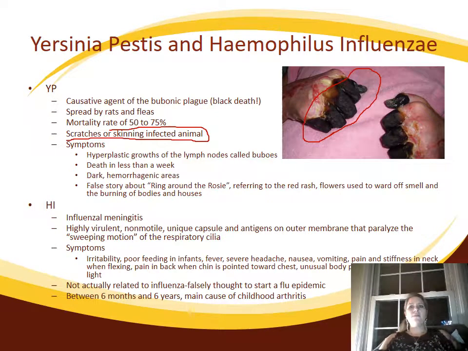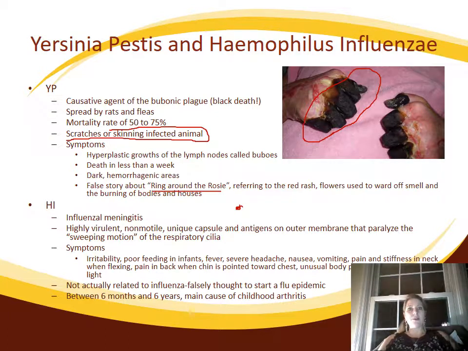And there is this false story that Ring Around the Rosie is referring to Black Death. You know, Ring Around the Rosie, which is some of the red rashy areas that come with the particular disease. Pocket full of posies because they used flowers to ward off smell and ward off infections.